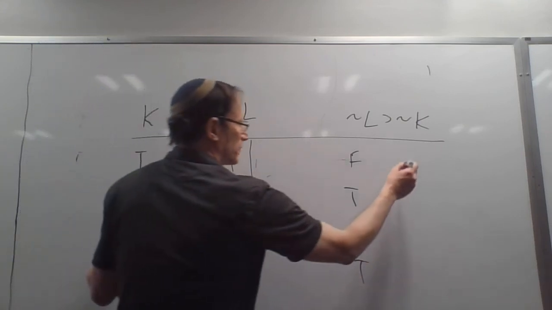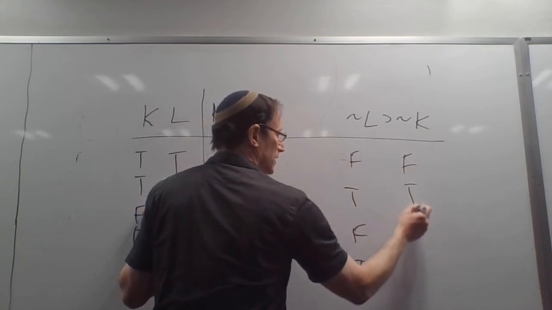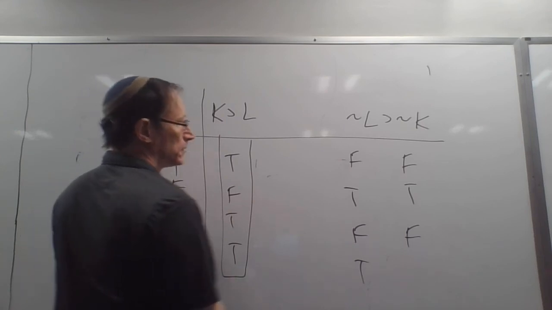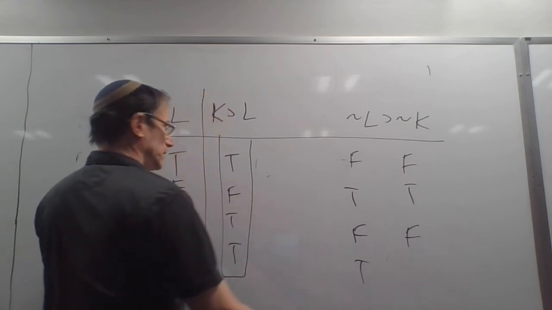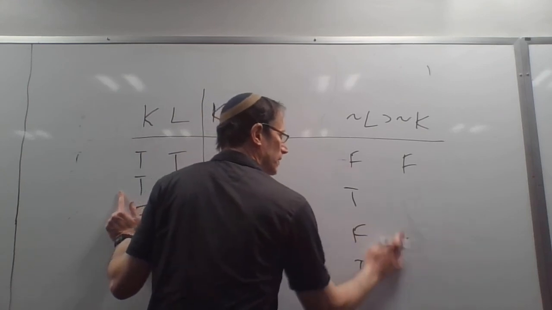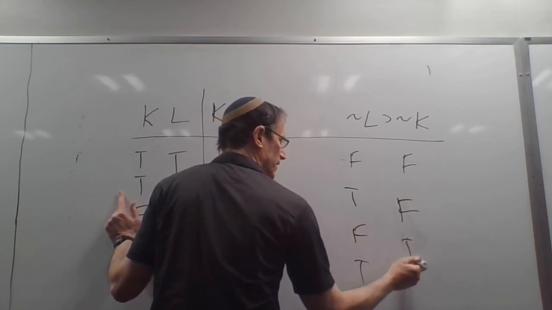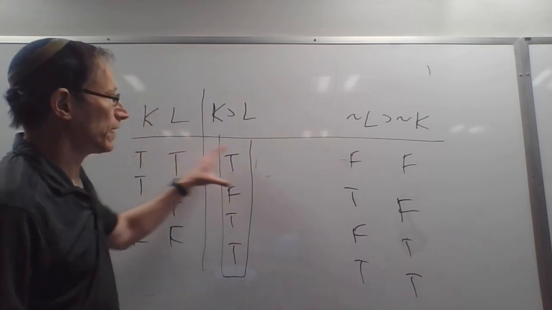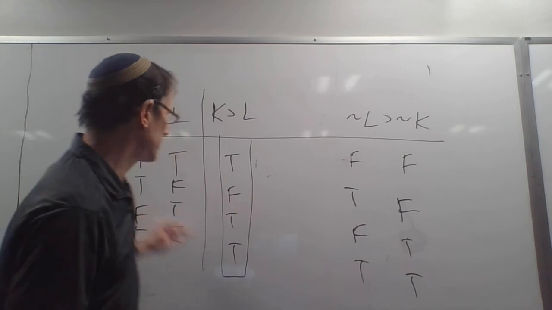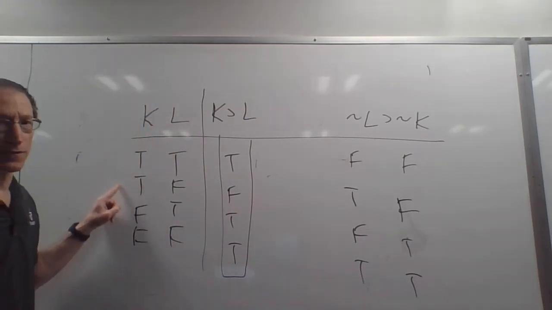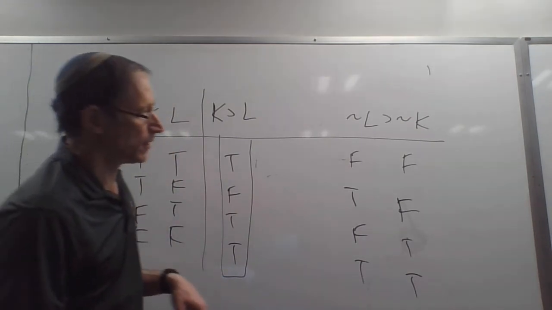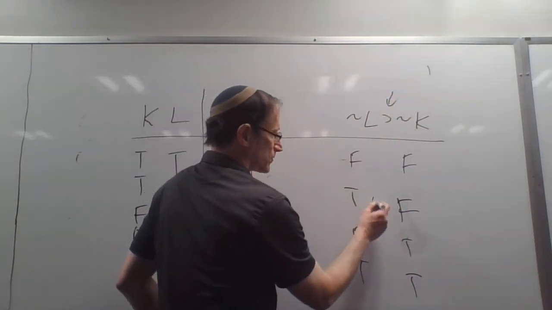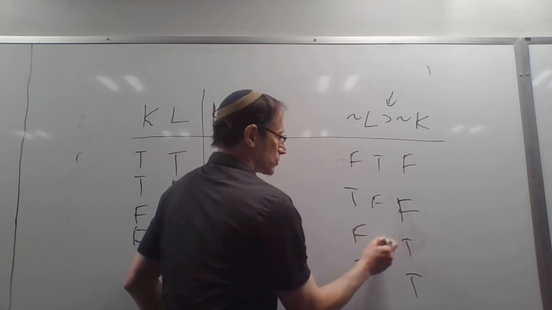Not K is going to be F, F, T, T. Because remember, you're looking at not L, and this is K over here, so not K is going to be the opposite of these values. Okay, now you're ready for this little horseshoe in here. This is going to be false over here, otherwise it's going to be true.